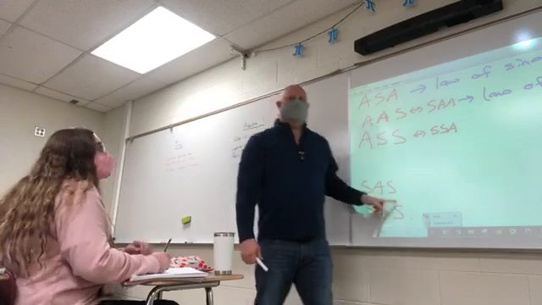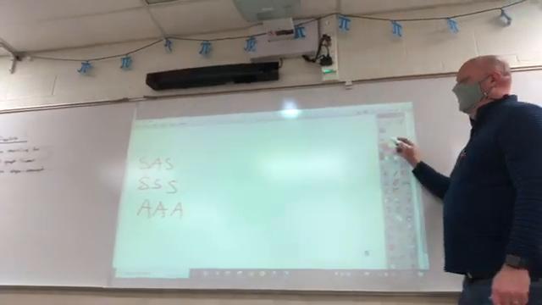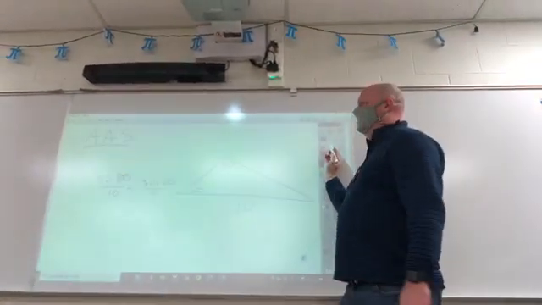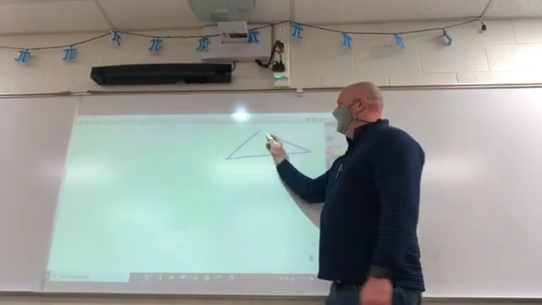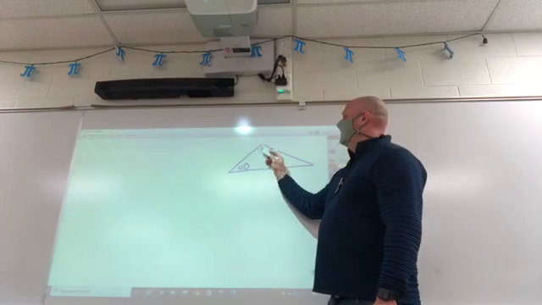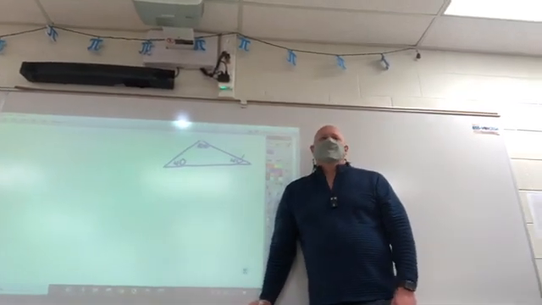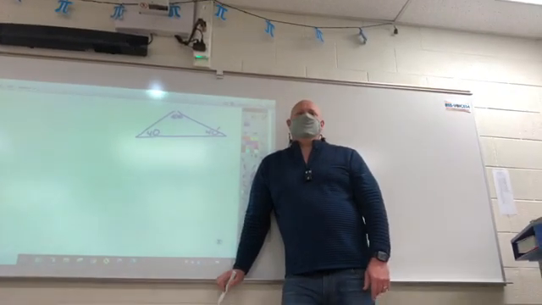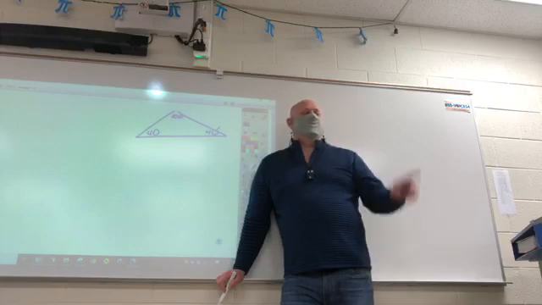Now, I want to talk about the last three real quick. Angle, angle, angle. Does anybody remember what the theorem angle, angle was used for? If I just give three angles, can I find the sides? Why not? It'd be proportional.